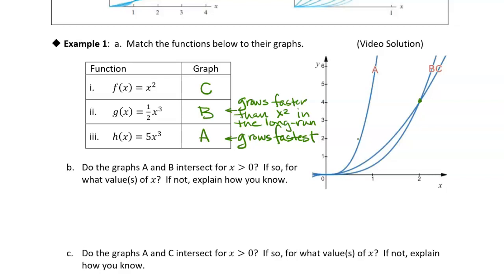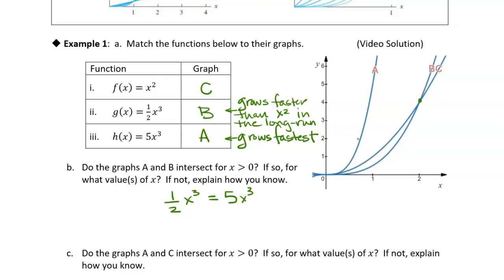We can find intersection points just by setting the functions equal to each other, because we're looking for an x value where the y values are equal. So we're looking for a value of x where 1/2 x cubed is equal to 5x cubed.